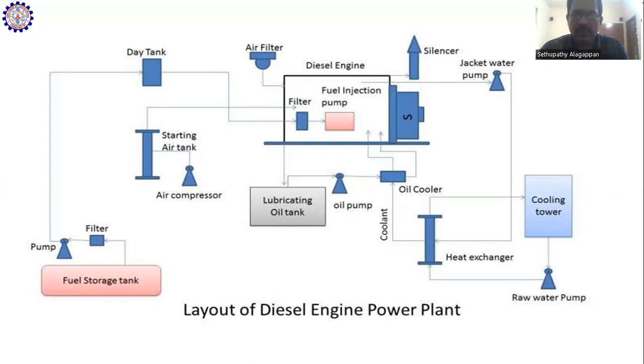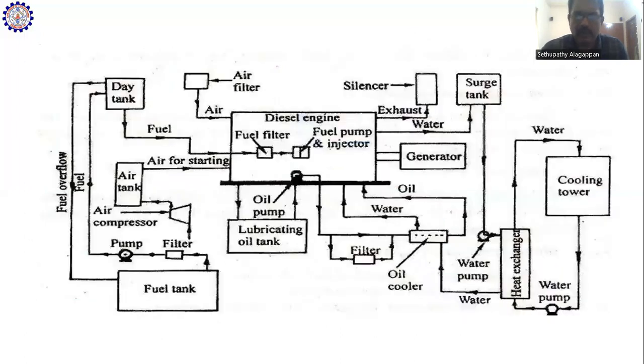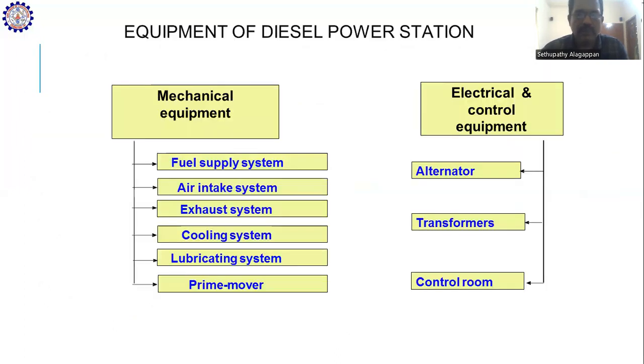So in this diesel power plant, the water is heated by the steam, and the power is used to produce power. So this is the basic layout of the power plant. This shows the separate areas and how many zones are involved in this diesel power plant.